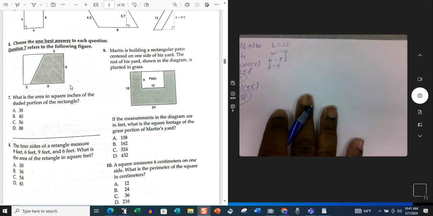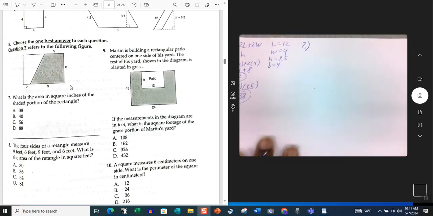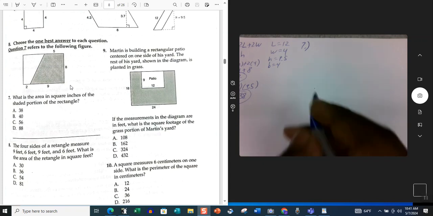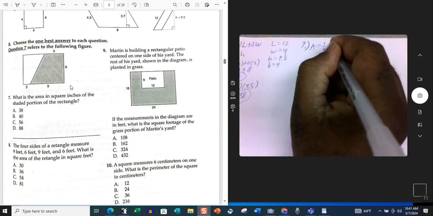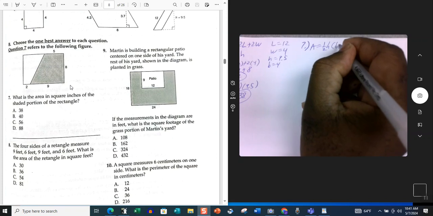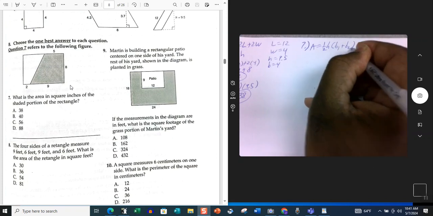So we have this here. So we look at the formula for the trapezoid area. So area is equal to half times the height times base 1 plus base 2.